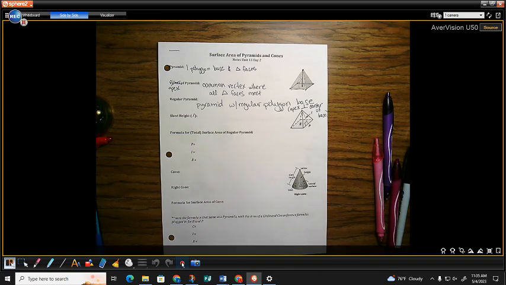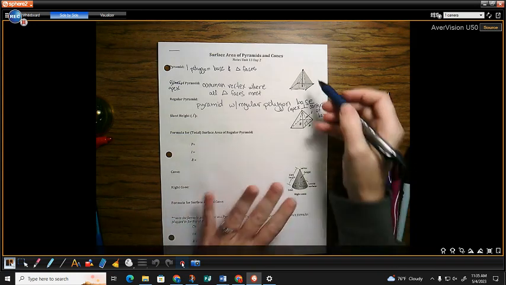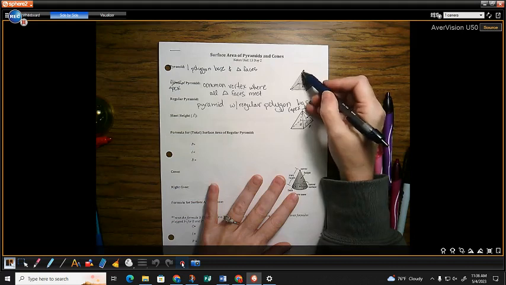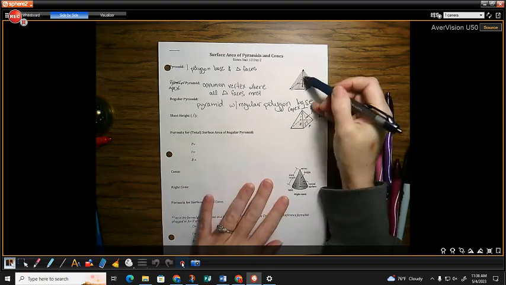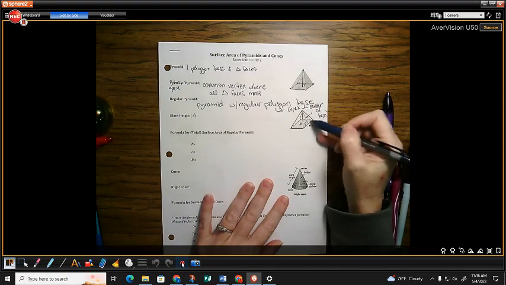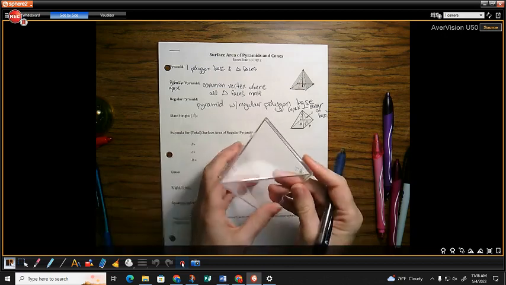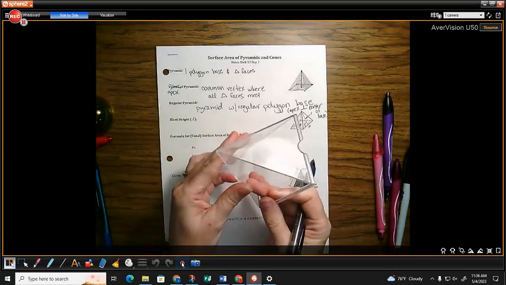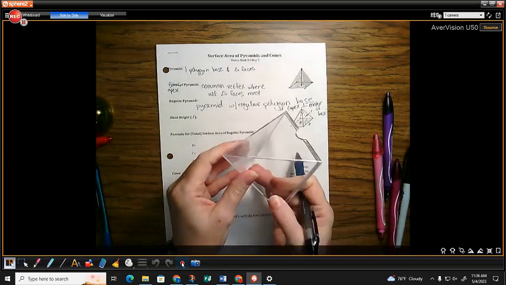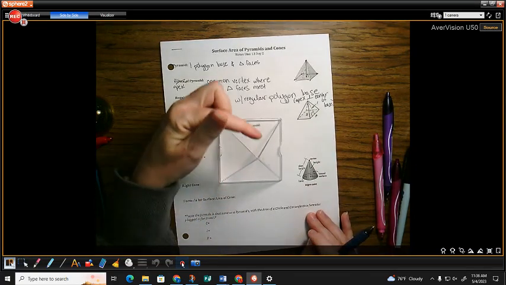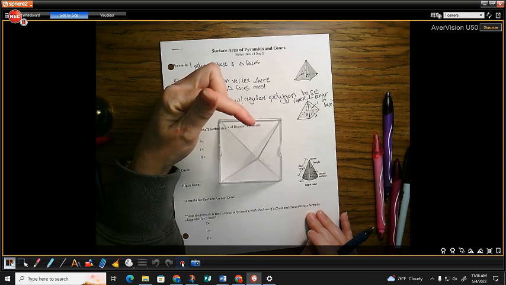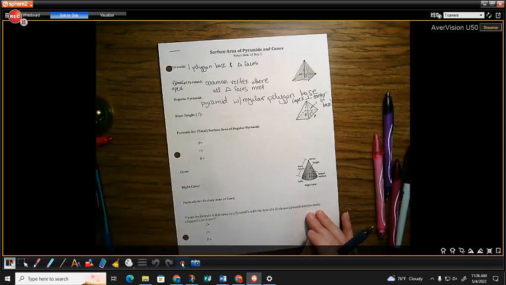And all of ours are going to be nice and regular, because if it's regular, then what's going to be true about all these triangles? If it's regular and it's right, all of these faces are going to be the same size. So this one is the same as this one, is the same as this one. But only if it's going straight up and down. If the point was over here, would they all be congruent? No. So it's all got to be straight up and down.